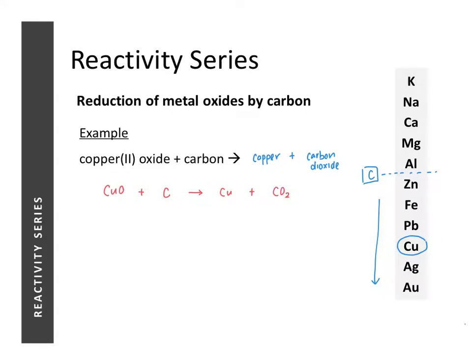And if we check the equation, we find that it is not balanced. So how do we balance it? We need to add a 2 in front of CuO, and then we need to add a 2 in front of copper. And lastly, we need to add in the state symbols as shown.